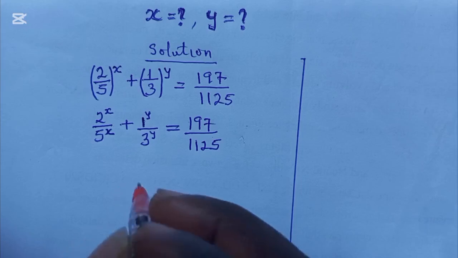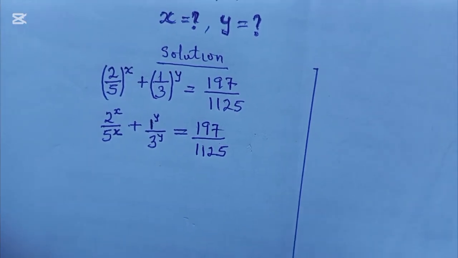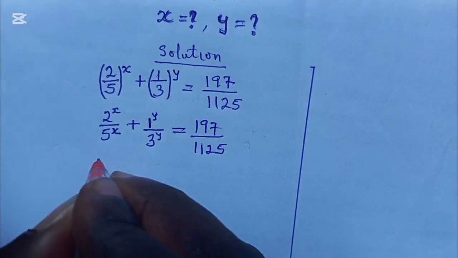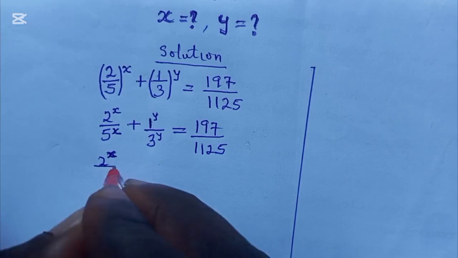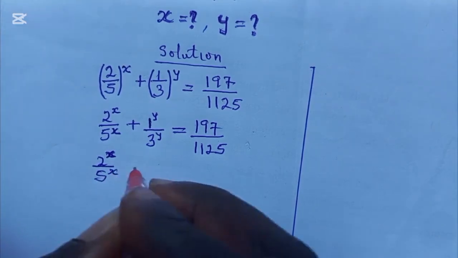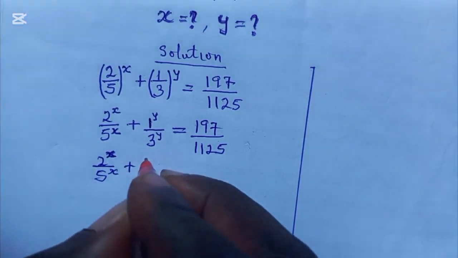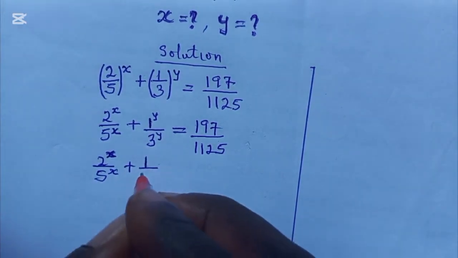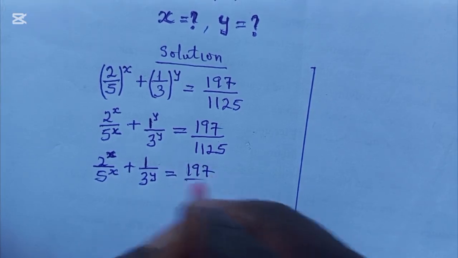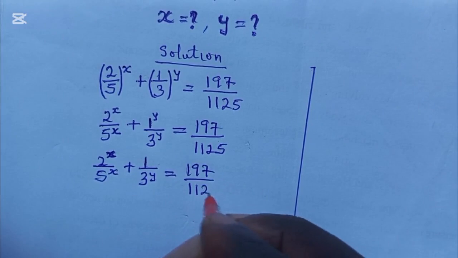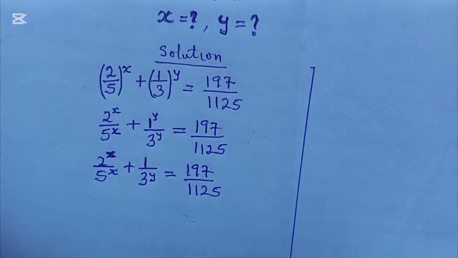So because of that, we are going to have 2^x / 5^x + 1 / 3^y = 197/1125. From here we can notice that we can solve this.